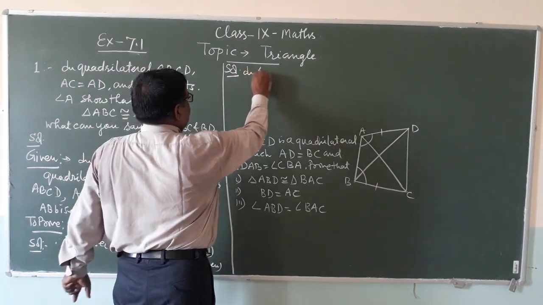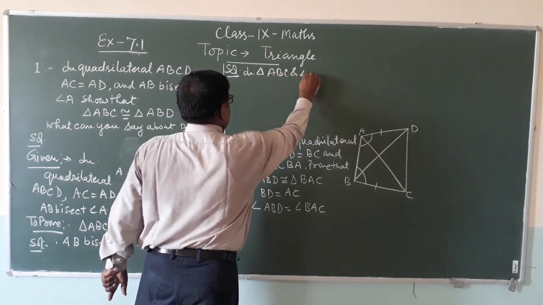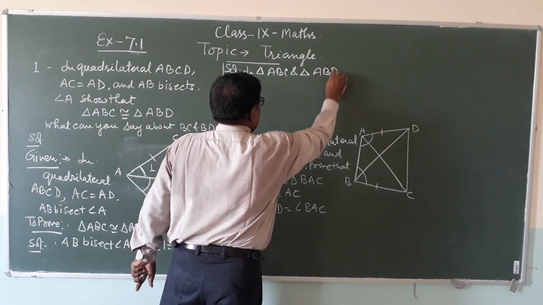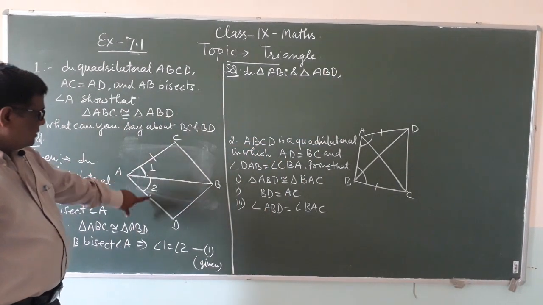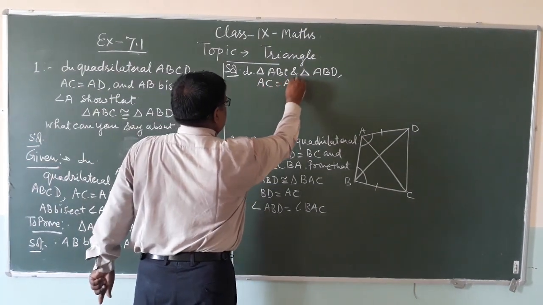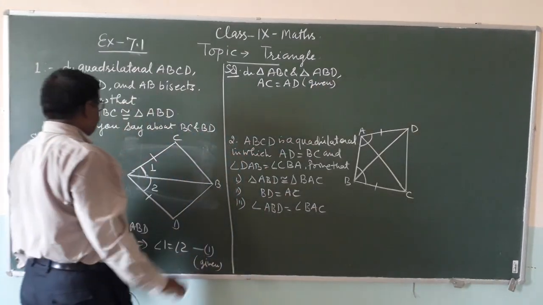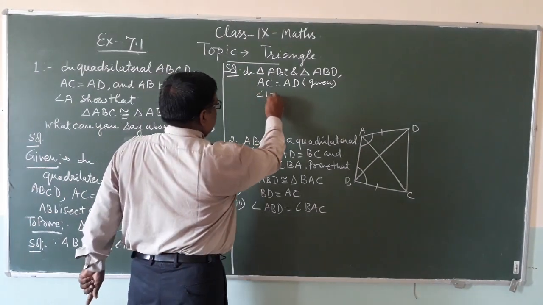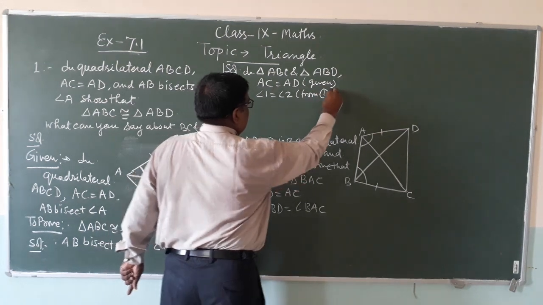In triangle ABC and triangle ABD, first of all, AC is equal to AD, this is given, and angle 1 is equal to angle 2. We have this from 1, it is also given.